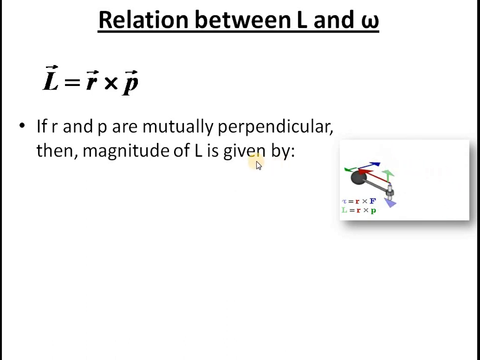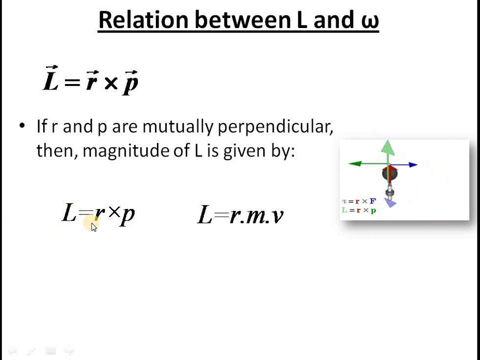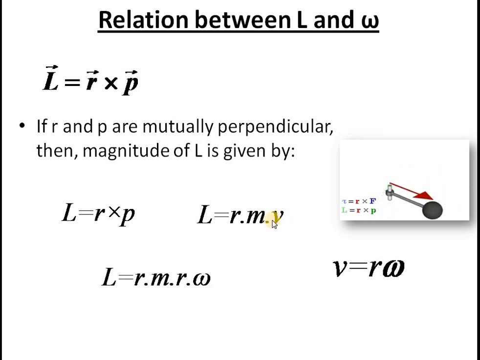Then angular momentum L can be written as r p sin 90. Sin 90 is 1, so we simply get r into p. We are talking only about the magnitude, and p is mass into velocity. And velocity in a rotational domain can be written as r omega, because omega is angular velocity.